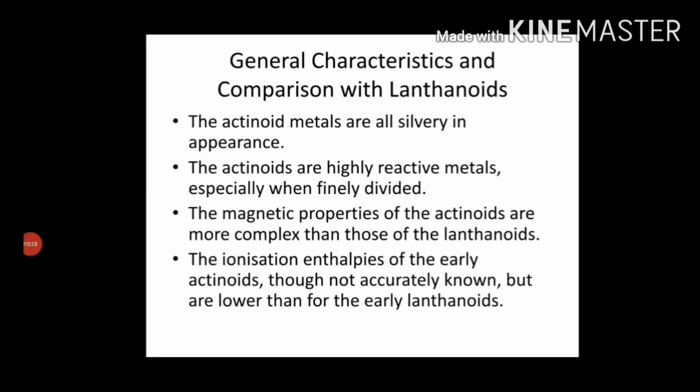Now we are going to discuss the general characteristics and their comparison with lanthanoids. The actinoids are all silvery white metals and they get tarnished when exposed to the attack of alkalis.